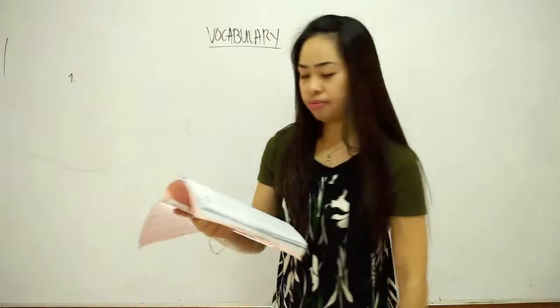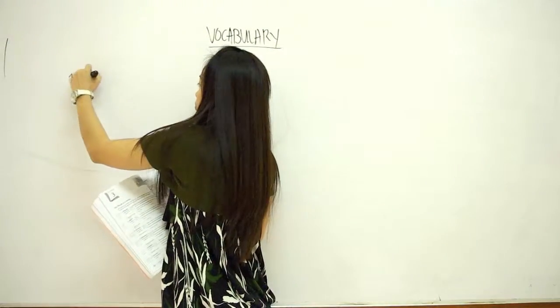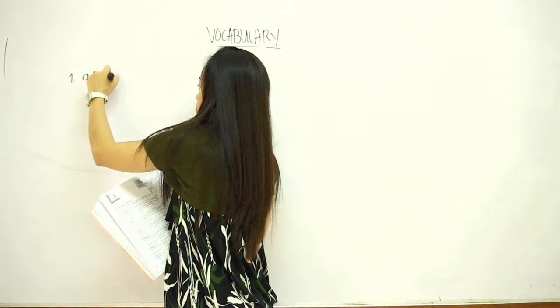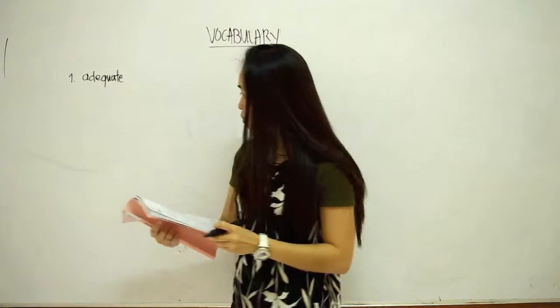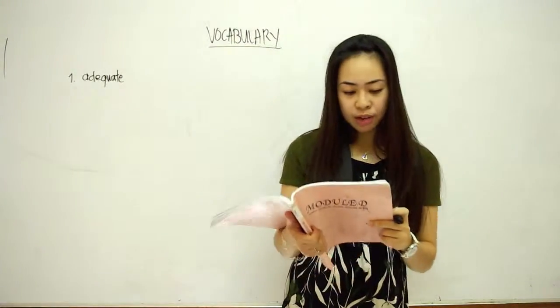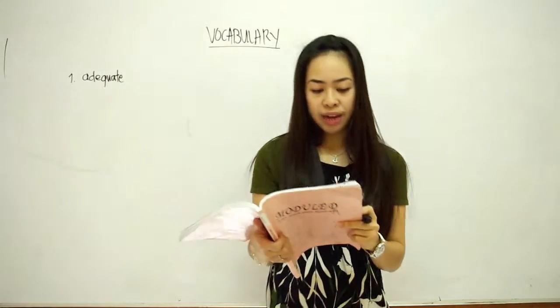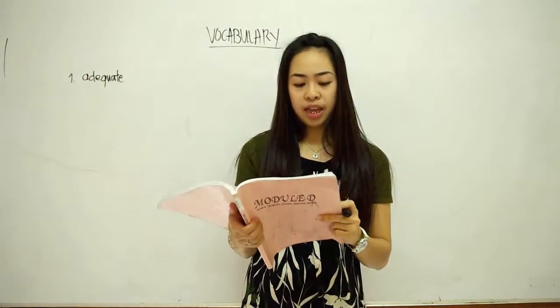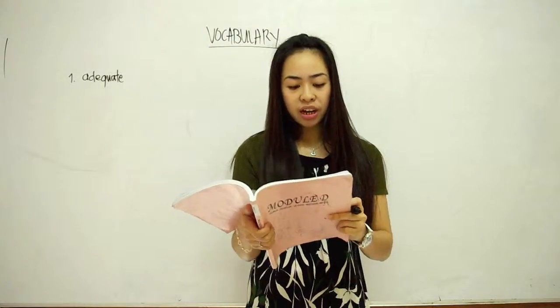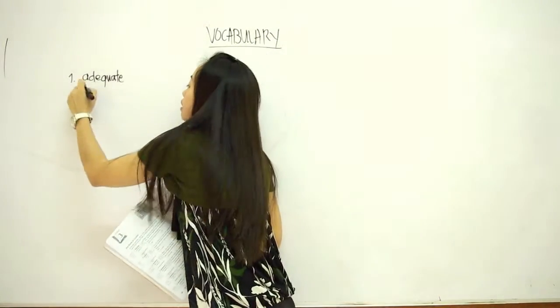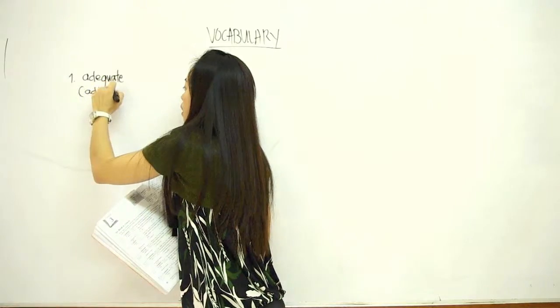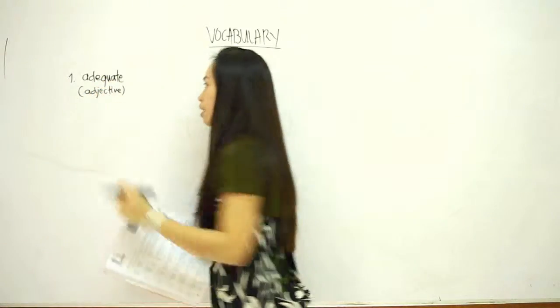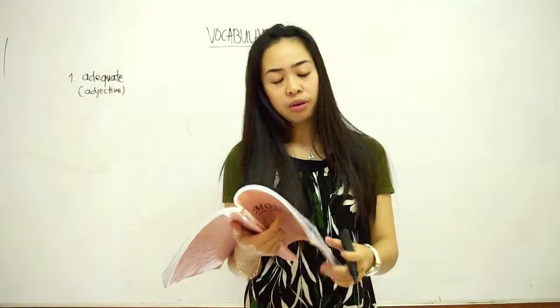Okay, so our first word is adequate. Let's pronounce it again. We pronounce this one as adequate. Adequate here acts as an adjective, meaning it modifies a noun.